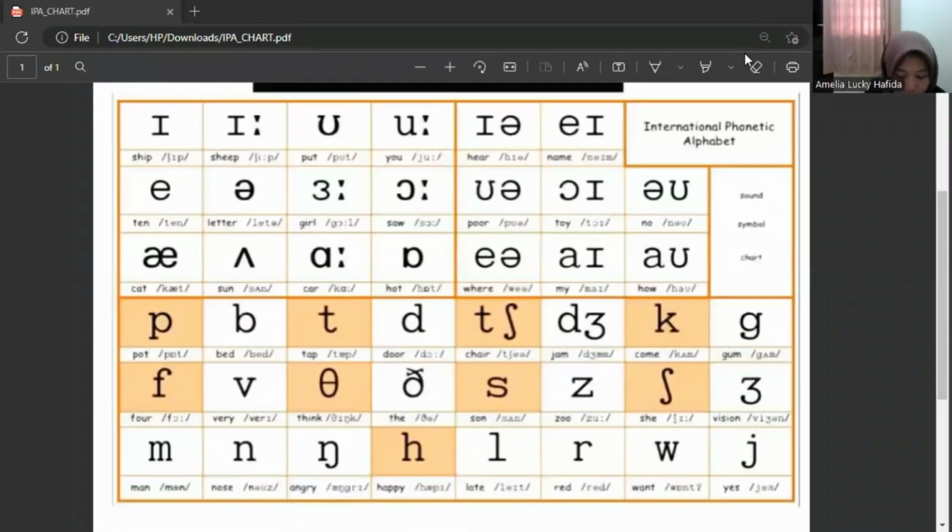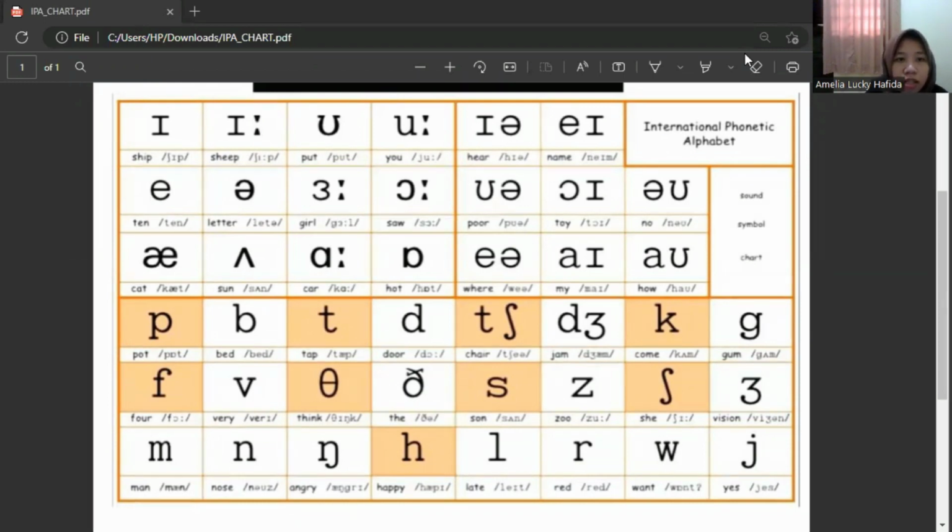Okay, there are three groups: vowels, diphthongs, and consonants. First is the short vowel i. Example for this is ship, ship, ship. Next, long vowel i.